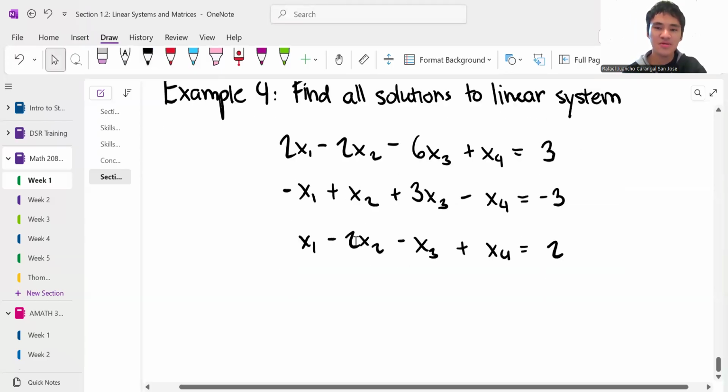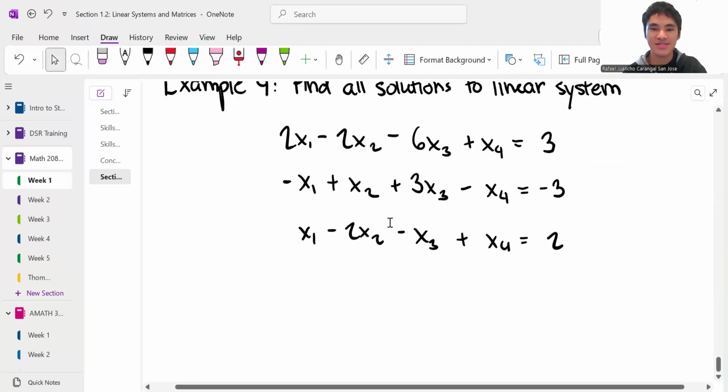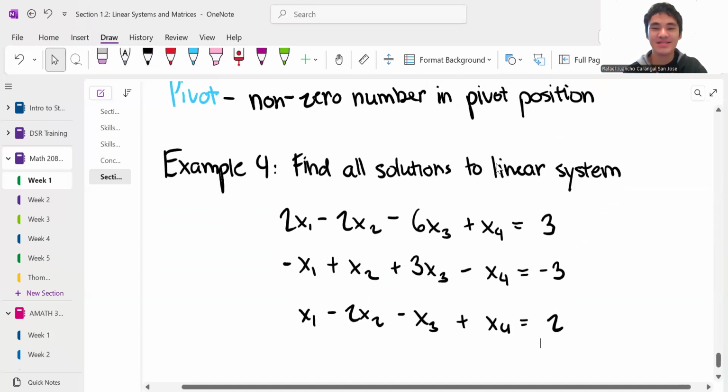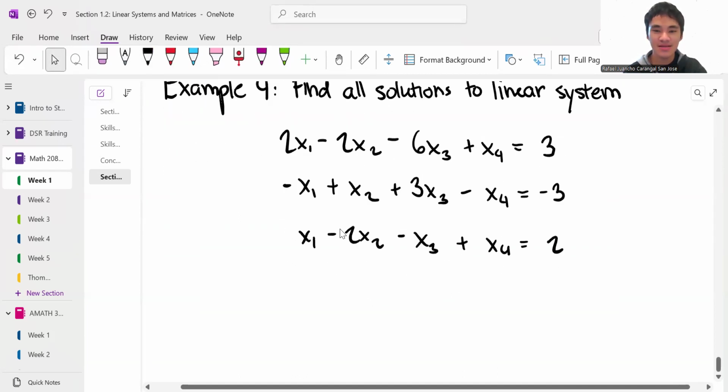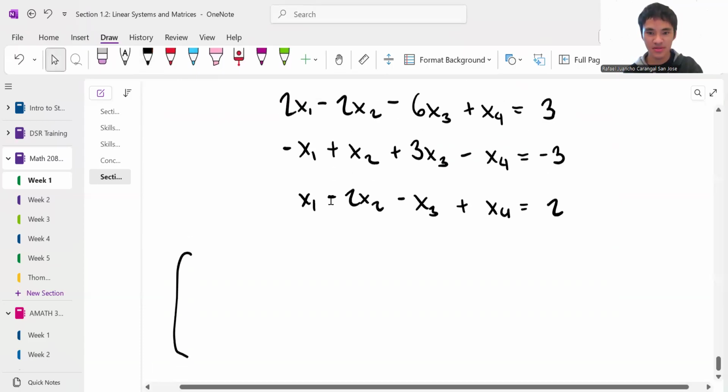So what do we notice? Actually, I don't notice anything, I'm messing with you guys. But basically we want to use what we've been doing, so we want to convert to an augmented matrix.